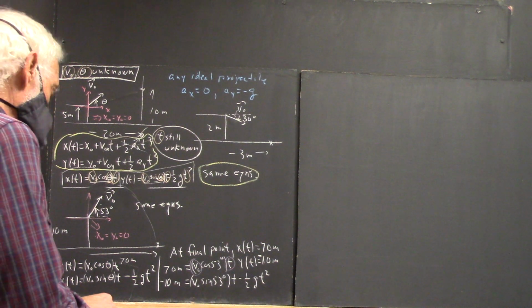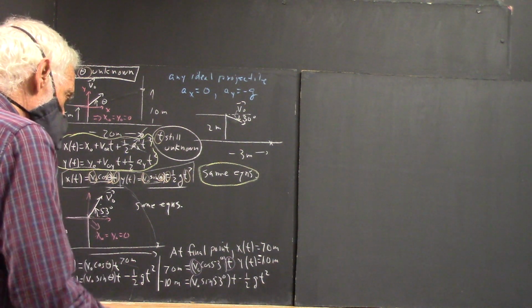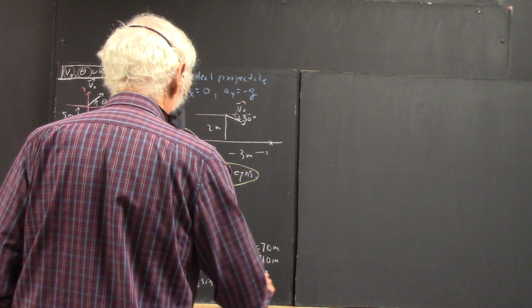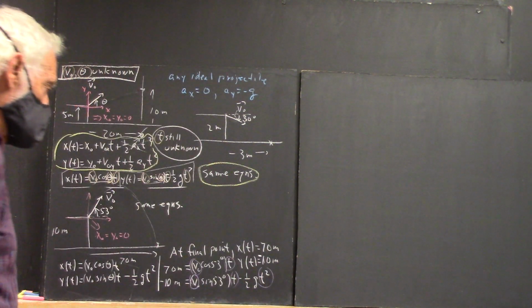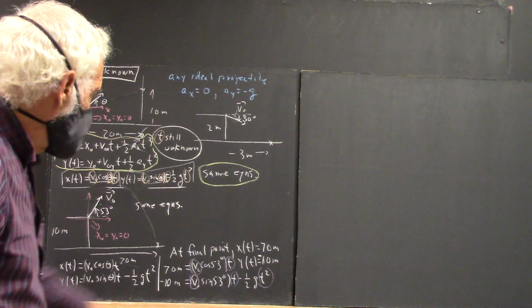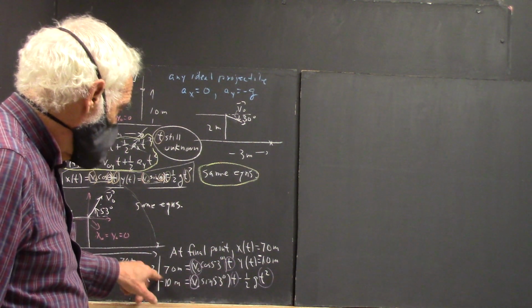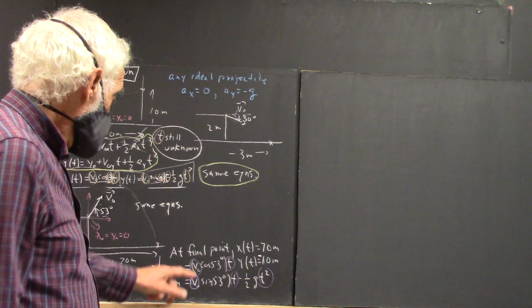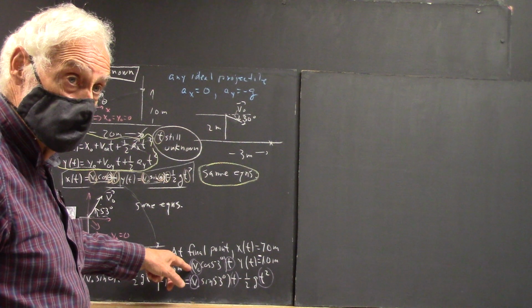And again, we have unknowns, v naught and t, which occurs in two places. Well, if we solve this equation for t and then plug that in here, then everything's in terms of v naught, right?